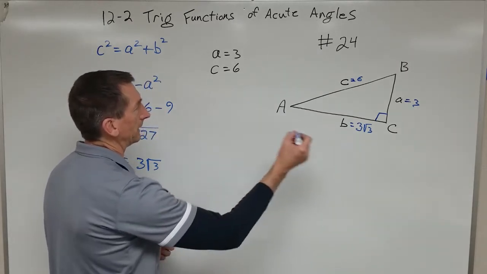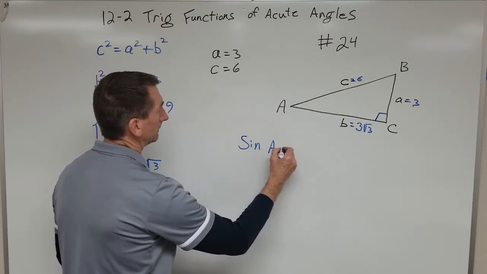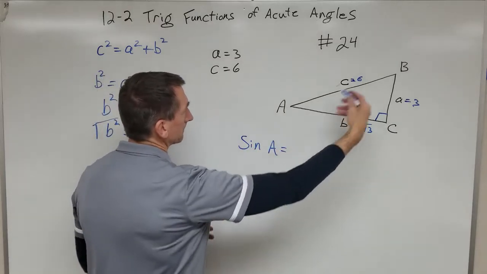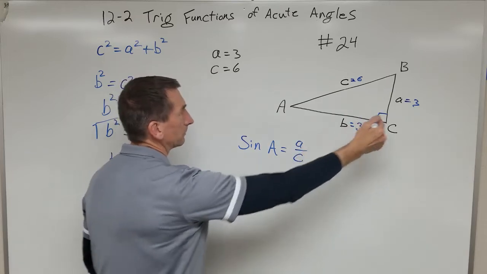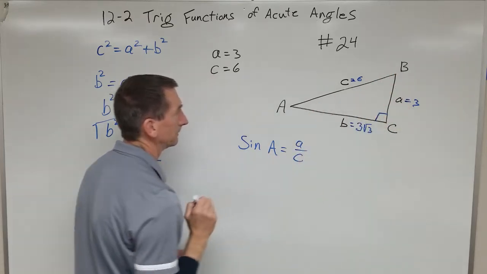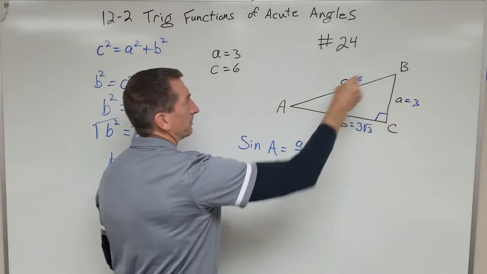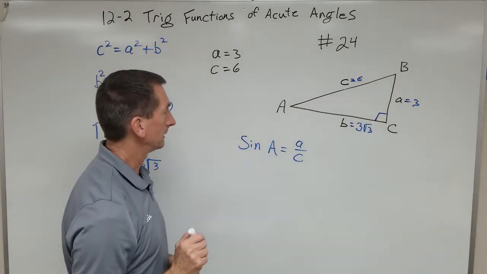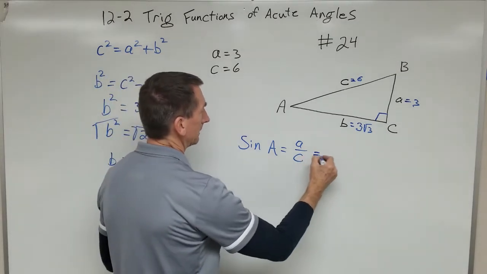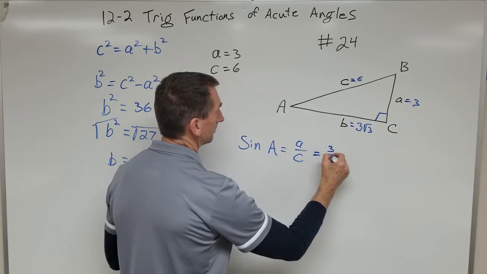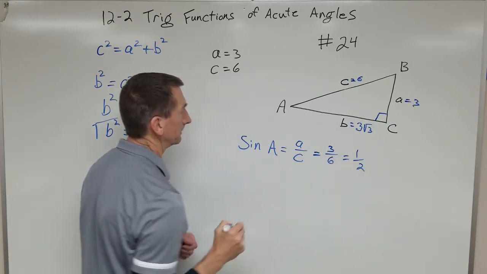So I know that the sine of A is equal to A over C, which is the y distance over the radius, or if I was thinking SOHCAHTOA, opposite over hypotenuse. So either way, whichever way you want to wrap your mind around it. And in this case, I have 3 over 6, which of course simplifies to 1/2.